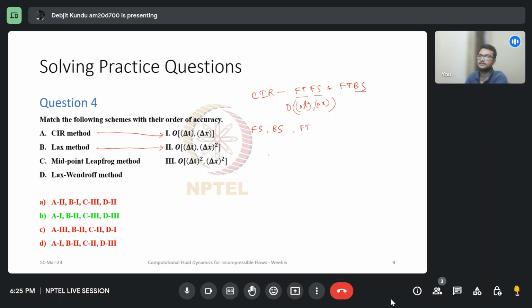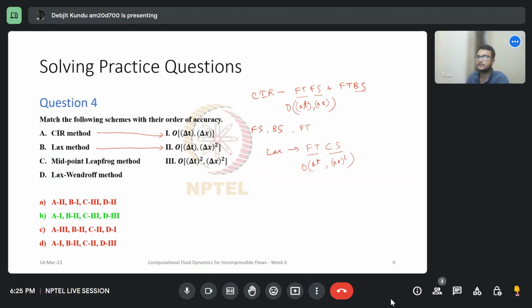In the Lax method, what it does is a forward in time formulation but a central in space formulation. So this results in first order in time accuracy, and this central discretization in space offers it second order in space accuracy.